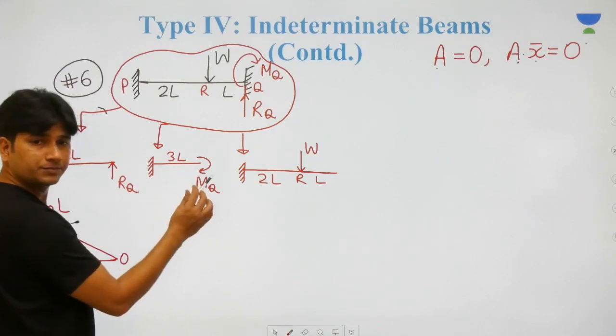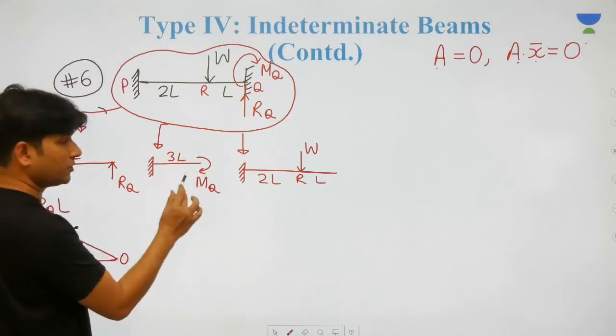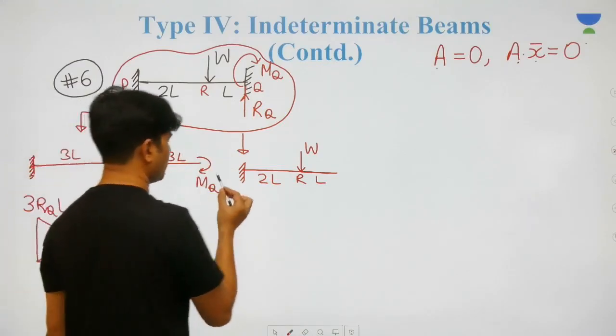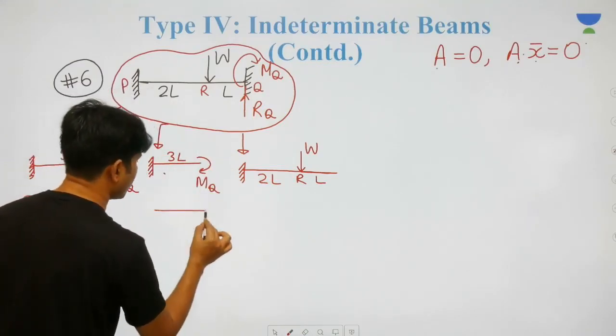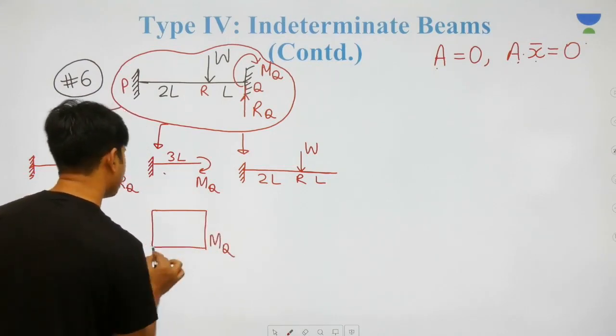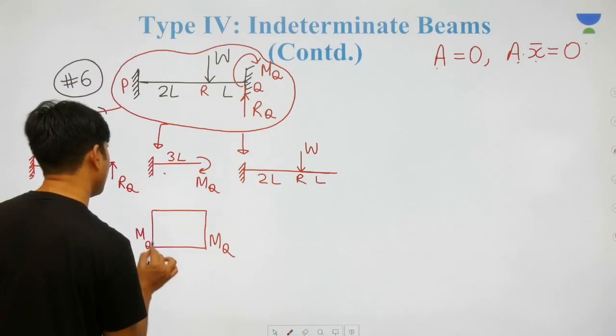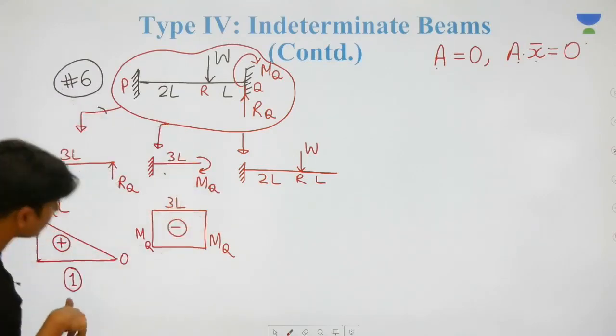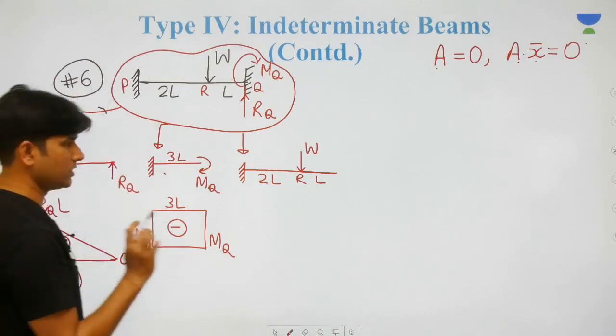In the second standard beam, you see everywhere you are going to get MQ only, and therefore the bending moment diagram will be simply a rectangle with height equal to MQ everywhere and base equal to 3L, and this is hogging bending, so it will be taken as negative.